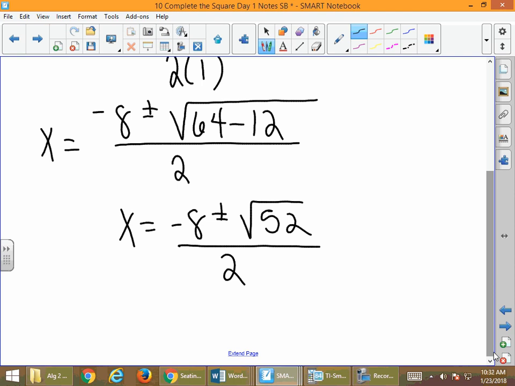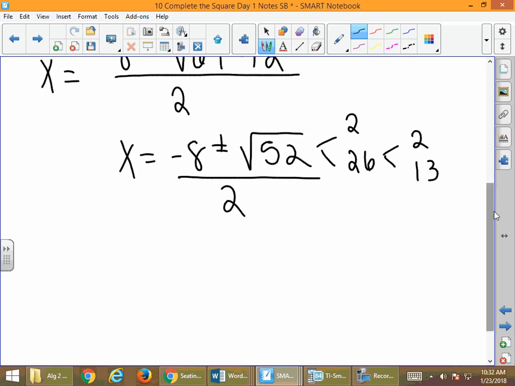We need to ask ourselves, can we simplify the square root of 52? As we think about it, at the very least, 2 times 26. And 26 is 2 times 13. I wish I would have written that in a different color, but ultimately this is 2 times 2 times 13.